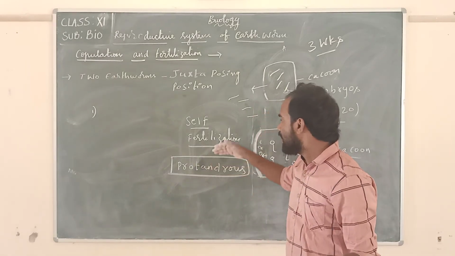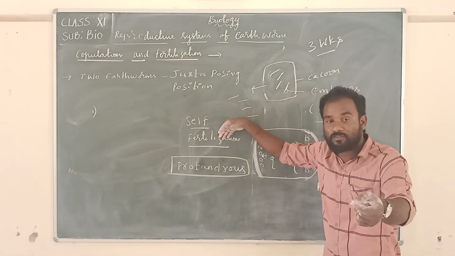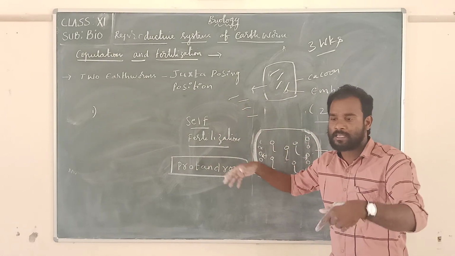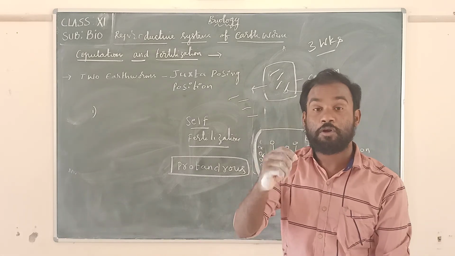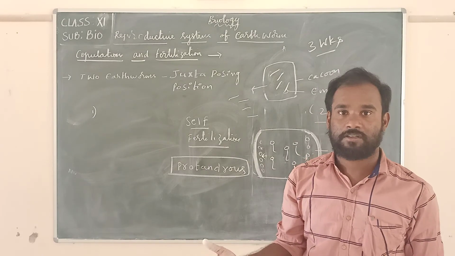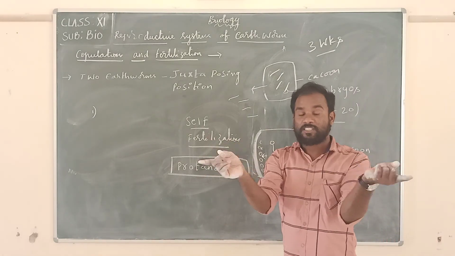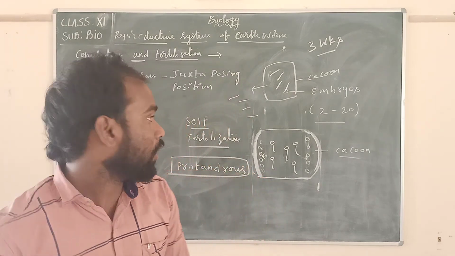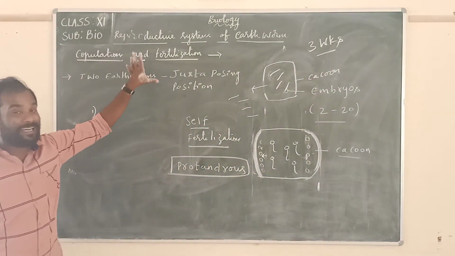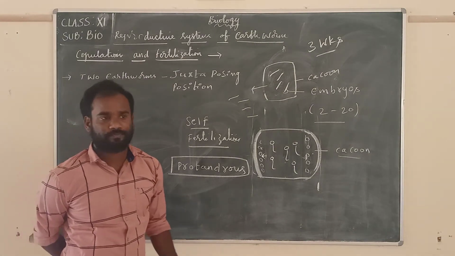In the same way, if the sperm of the same earthworm fuses with egg of the same earthworm, same characters will come. There are no variations. So, in order to create variations, there is exchange of sperms between the two earthworms. Now you understood the situation? So this is about the reproduction in earthworm.